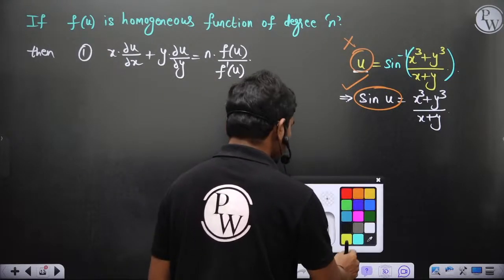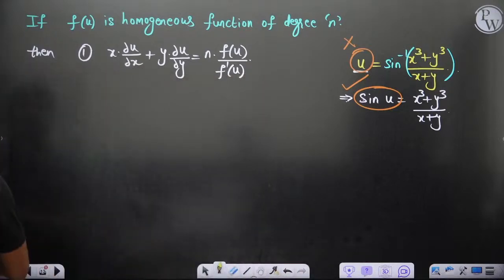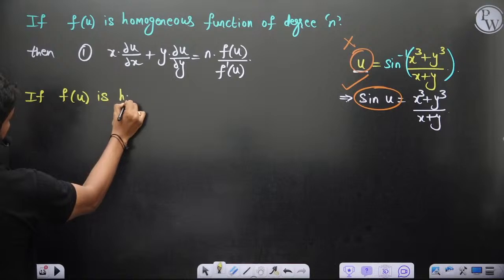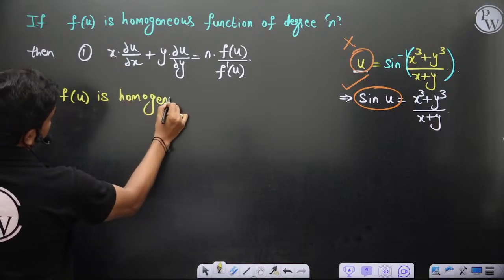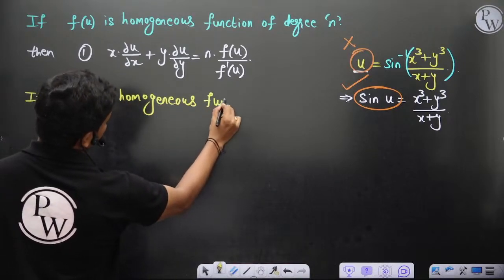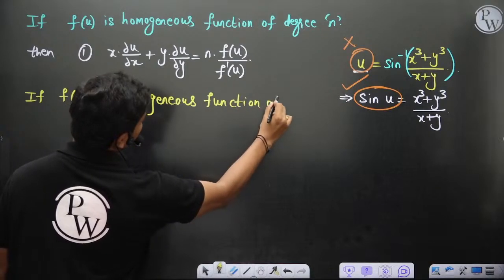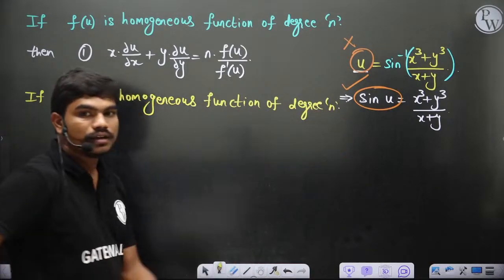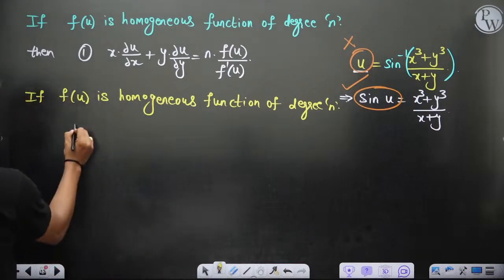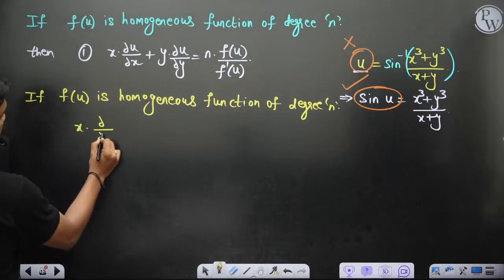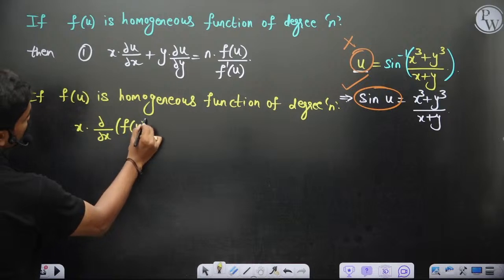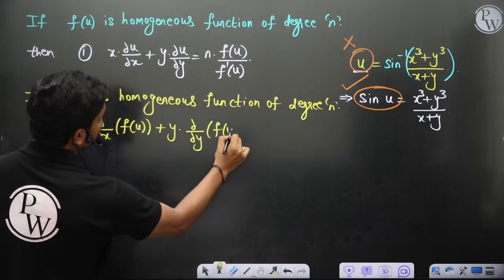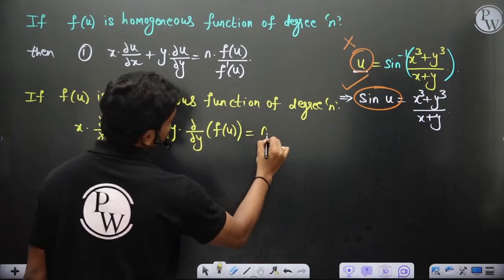Observe carefully. If f of u is a homogeneous function of degree n, let's say, then as per Euler's theorem, x into dou by dou x of f of u plus y into dou by dou y of f of u should be equal to n times f of u.